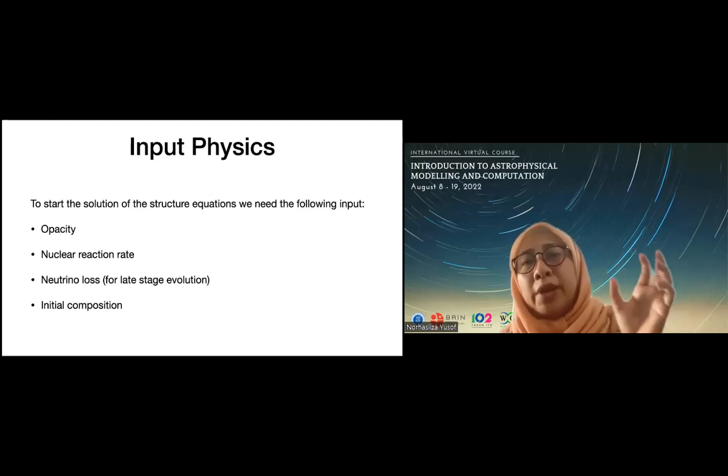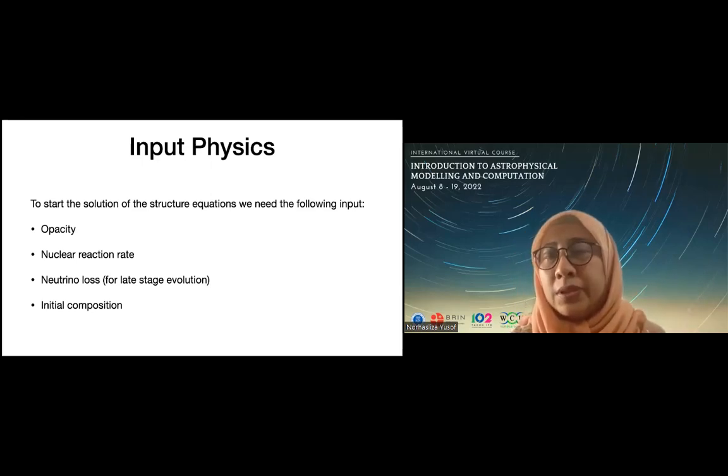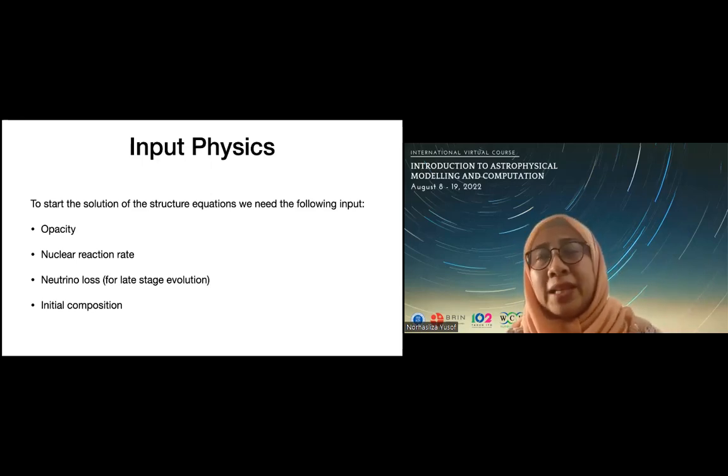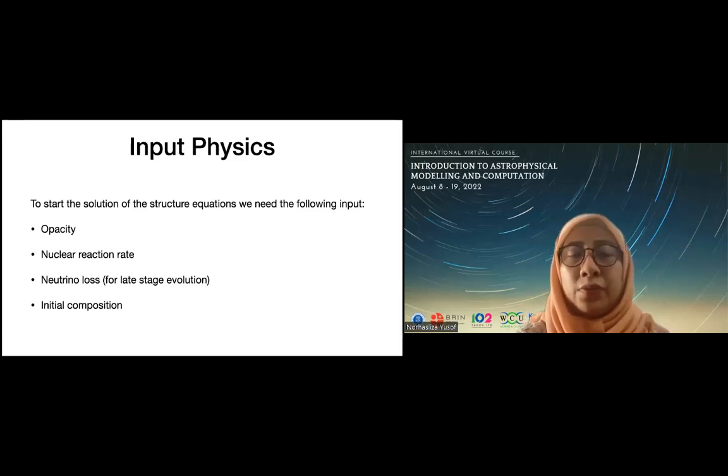Then we have to know the abundance. The famous abundances we use are Asplund, Grevesse, and so on. We have a lot of initial compositions depending on which best fits the result, so we have to choose one.